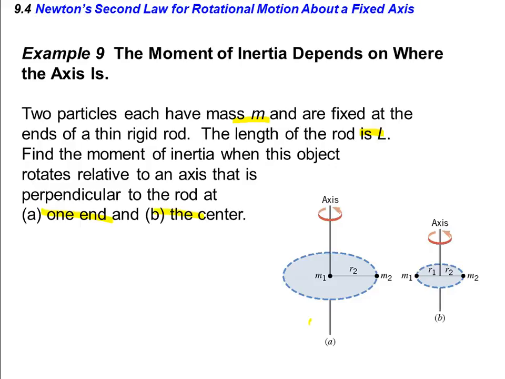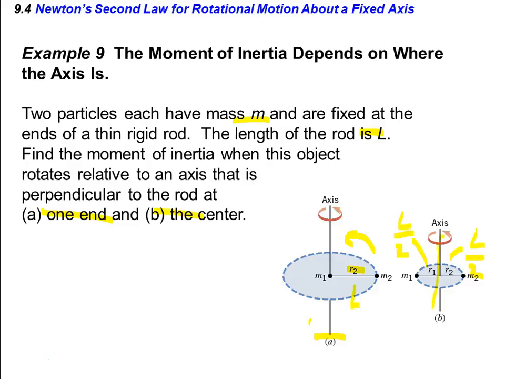Part A shows us the axis at the end. When we rotate around it, we're rotating about a radius equal to L, whereas when we have the axis directly through the center, that radius is L over 2.